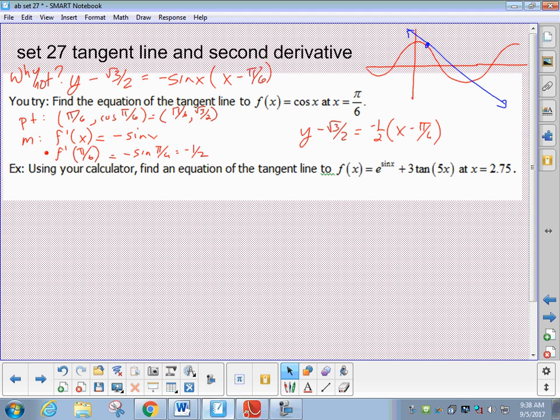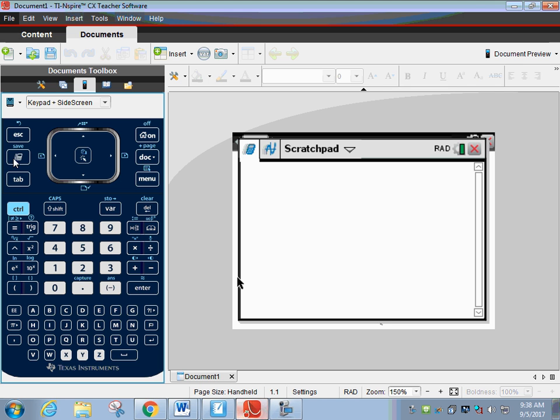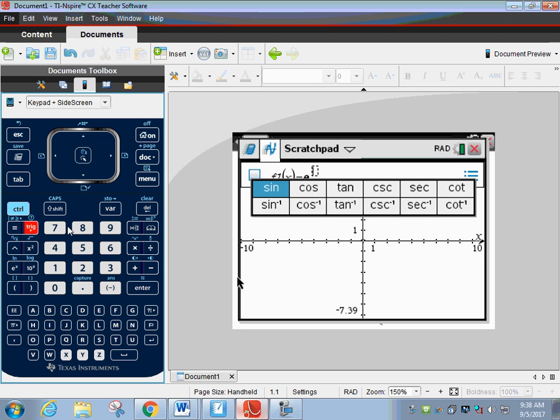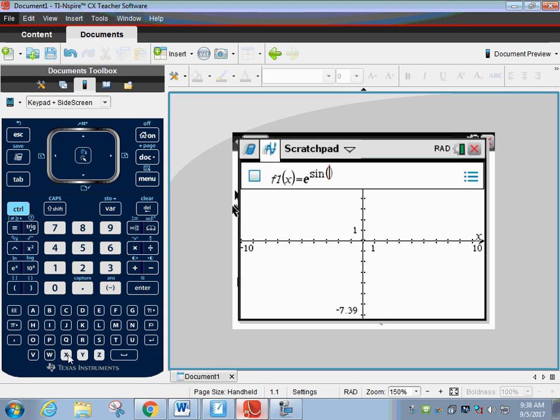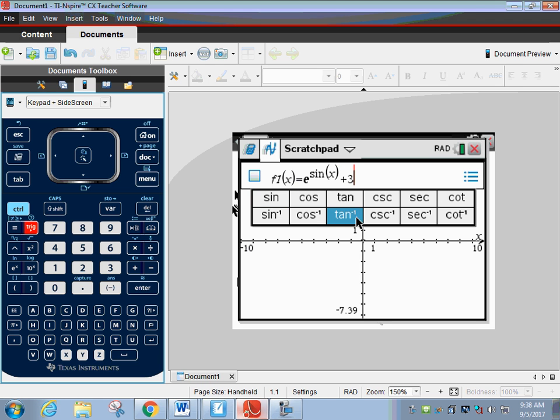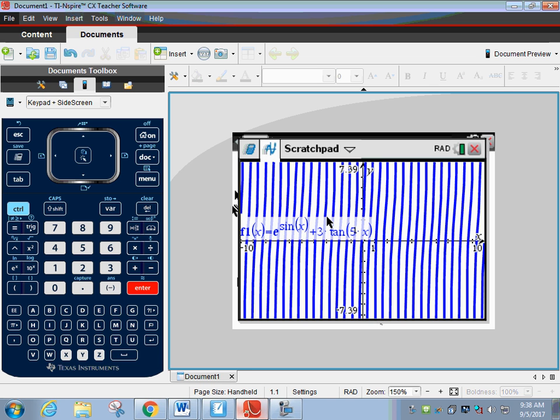Because I'm going to use that for a couple different things, the point and the slope, I'm going to put that into my function. Name it e to the sine of x plus 3 tangent 5x.